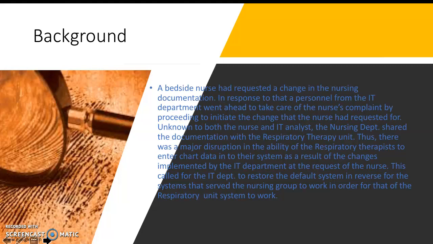In response to that, a personnel from the IT department went ahead to effect these changes, to take care of the nurse's complaint by proceeding to initiate the change that the nurse had requested. Unknown to both the nurse and IT analyst, the nurse department shared the documentation with the respiratory therapy unit. Thus, there was a major disruption in the ability of the respiratory therapists to enter chart data into their system as a result of the changes implemented by the IT department at the request of the bedside nurse.